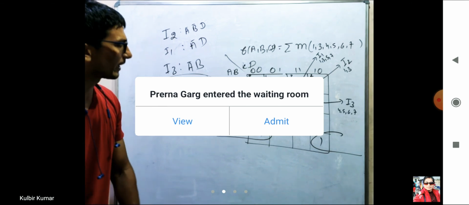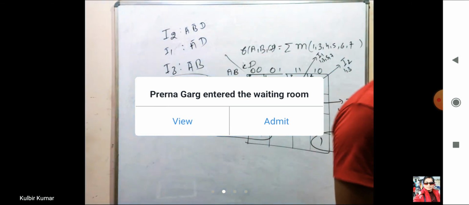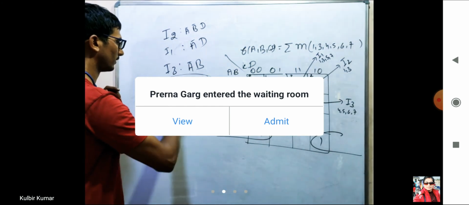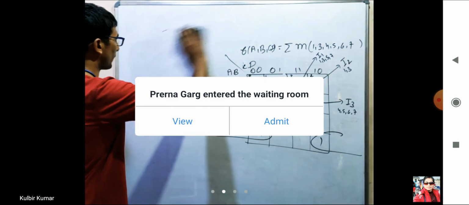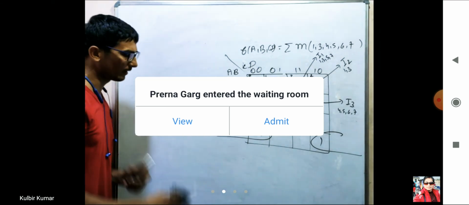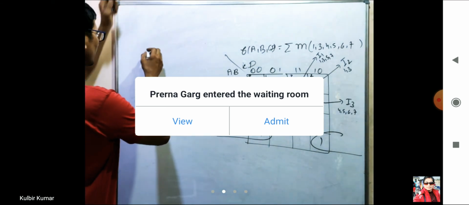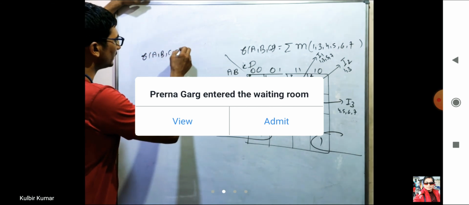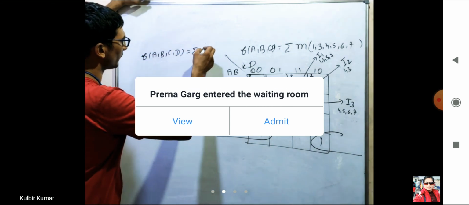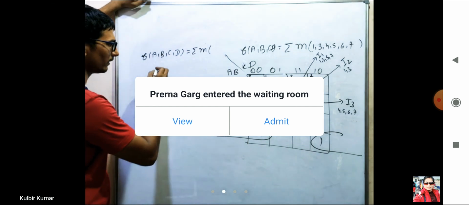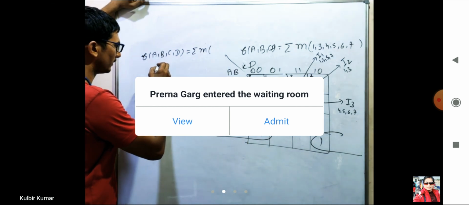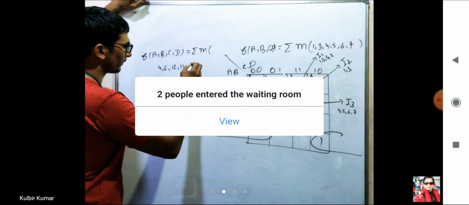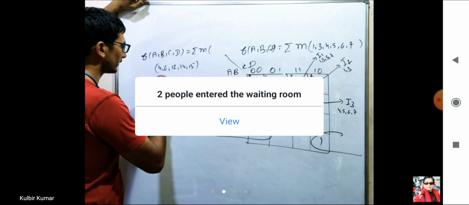Fine. Okay, now write down a few examples. Simplify the following functions. And I'm just going to take 4 variable functions. So let us take f of a, b, c, d. It is summation of m and min terms are given. Let us take 4, 6, 12, 14, 15. Yeah, that's it.